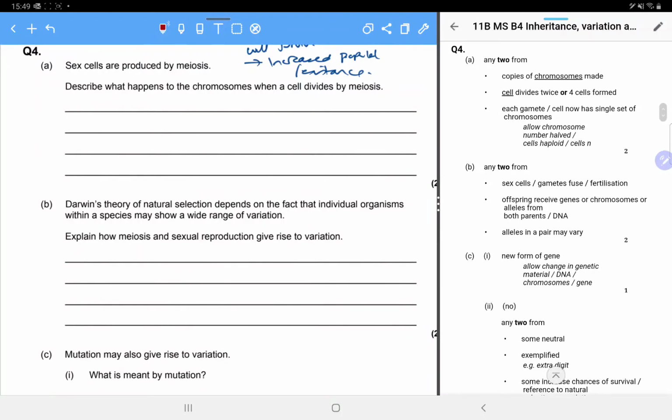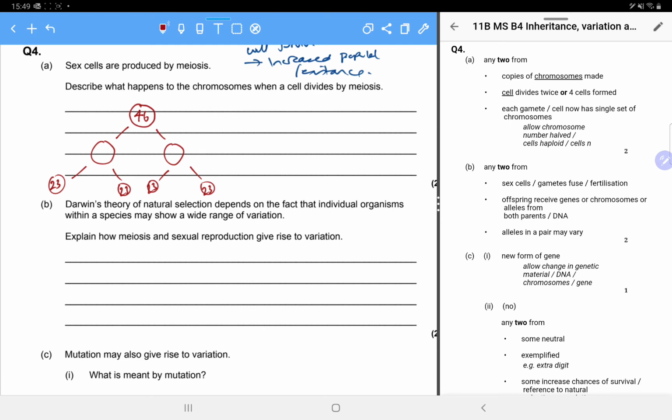Well, this is straight knowledge, okay, and hopefully you should know that we are going from one cell, which is going to divide twice and produce 4 daughter cells, okay, and each of the daughter cells is going to have half the genetic material of the first, okay. So if this was a human cell, we'd start off with 46 chromosomes, okay, and we're going to end up with 23, 23, 23, 23.